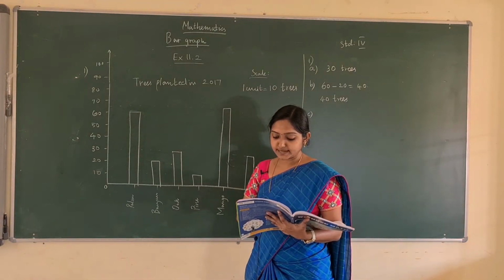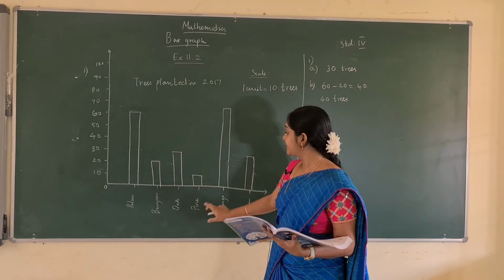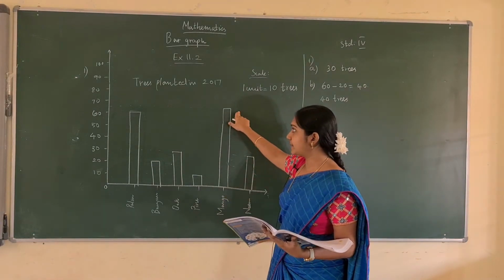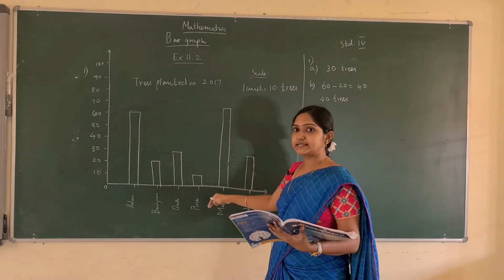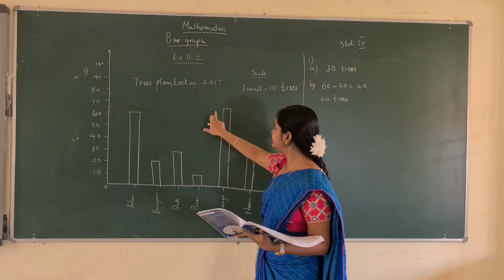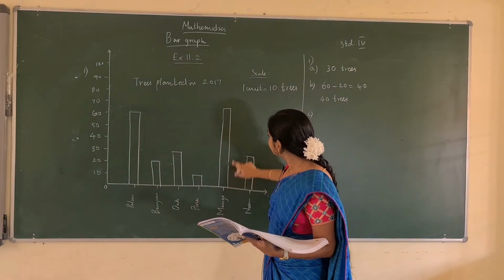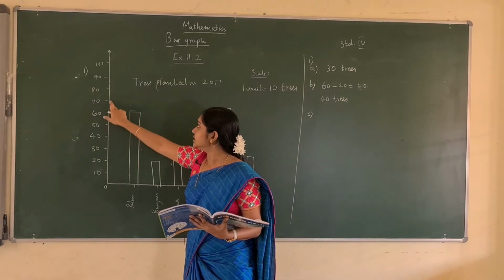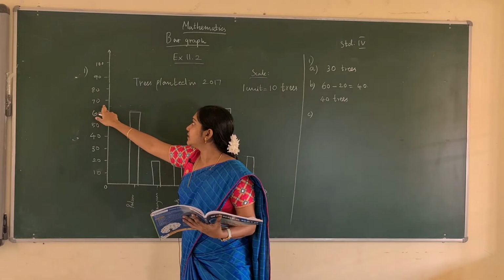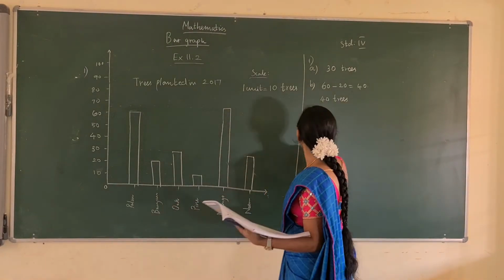How many fewer pine trees were planted than mango trees? So we have to compare mango tree and pine tree and subtract, and that will be the answer. For mango, the number is in between 60 and 70, so the number in between will be 65.